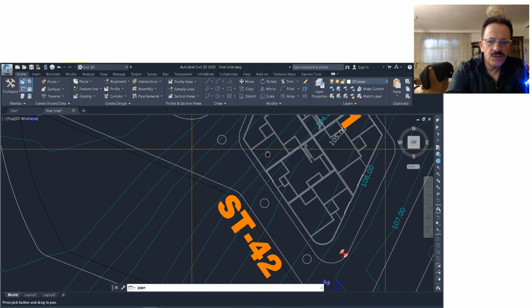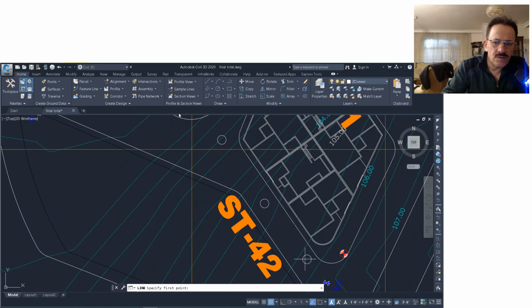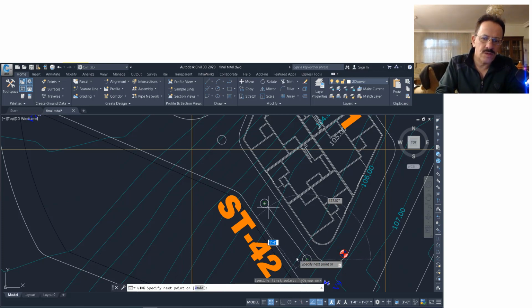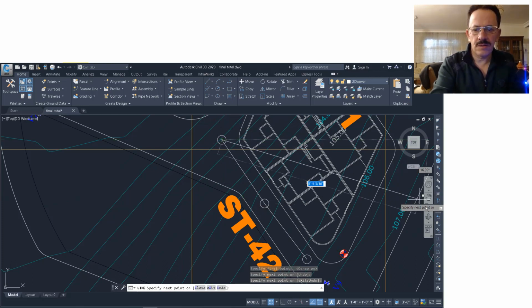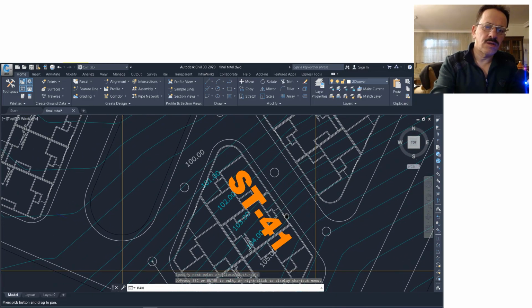So the direction will be from the highest level to the lowest level, because we want to move from the high elevation to the lower. So the flow will come from here, and this will be the direction. And again, the direction is now clear to me, and we'll connect the manholes with pipes.